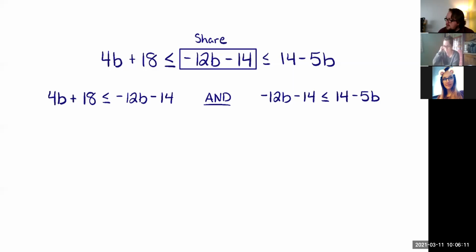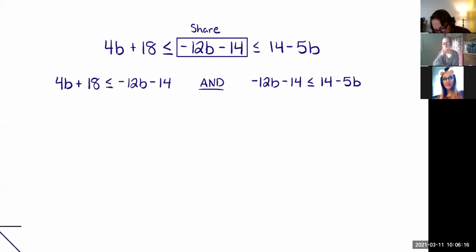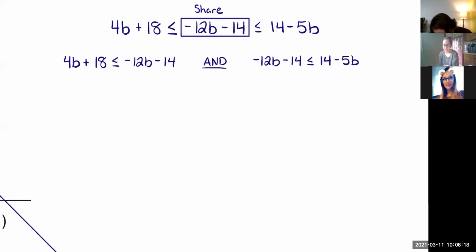Once they're separated, it's just a matter of solving them, very similar to the same way we would have solved if these were equations.